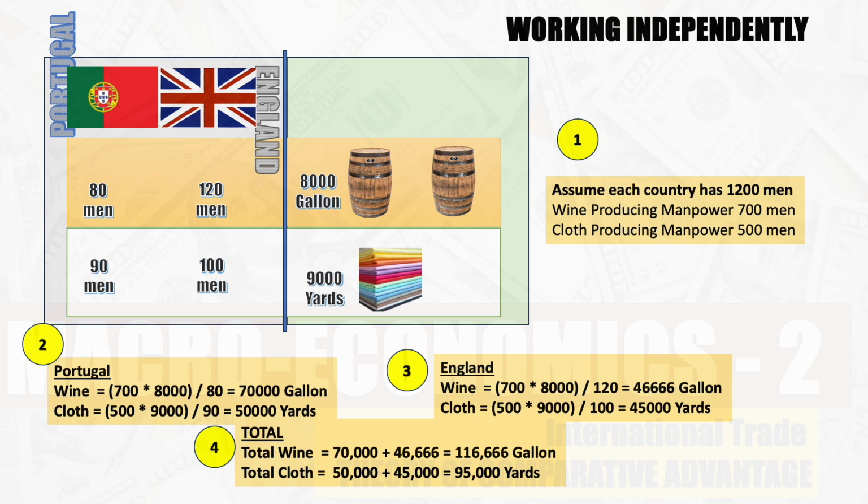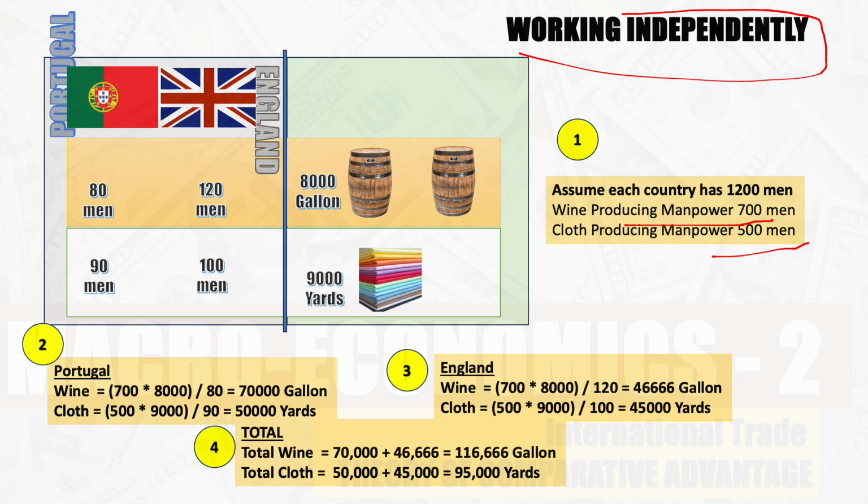Now let's see the example where both the countries are working independently. Assume that each country has 1200 men, and we have put 700 men for wine production and 500 men for cloth production. For production of wine in Portugal, 80 men produce 8,000 gallons.